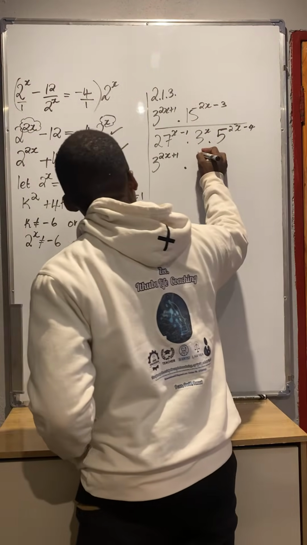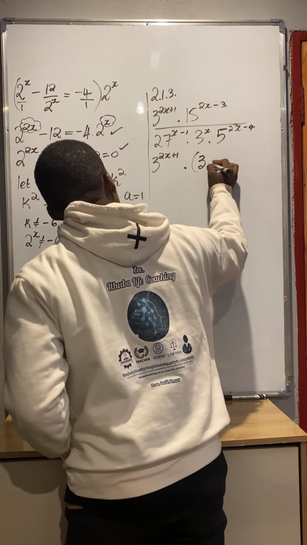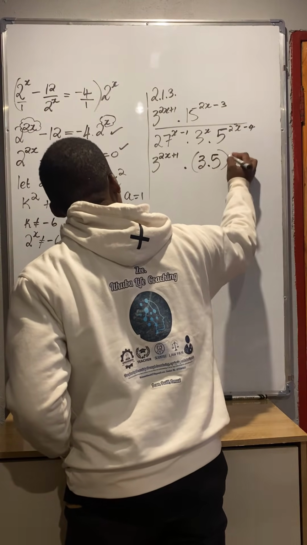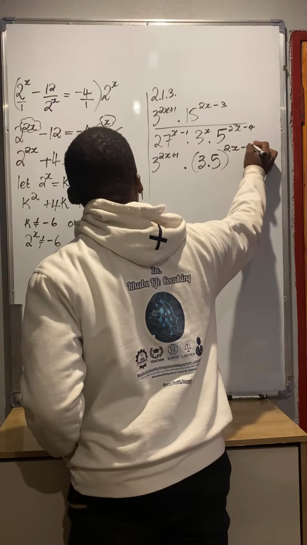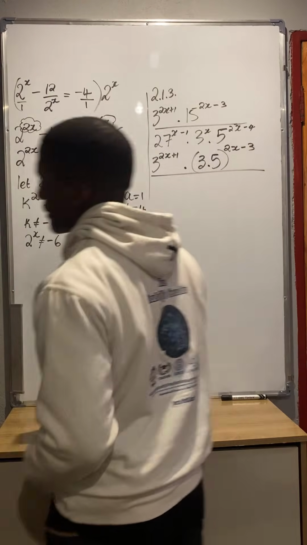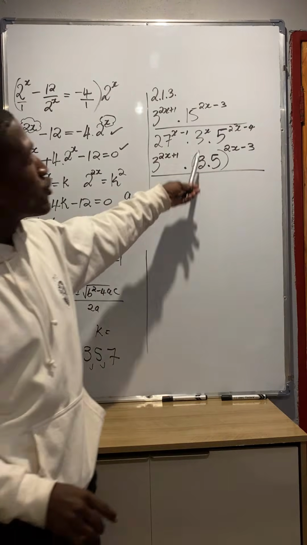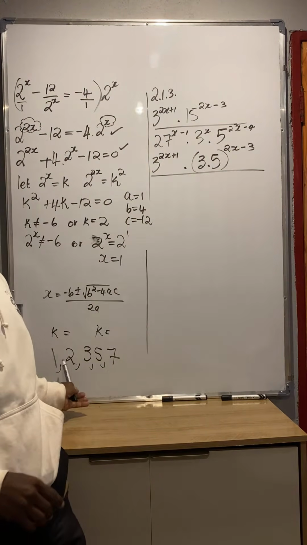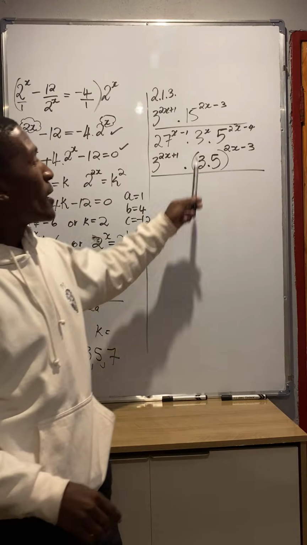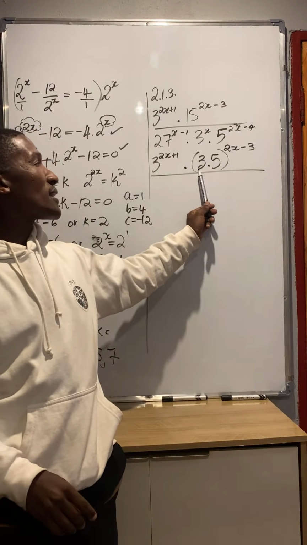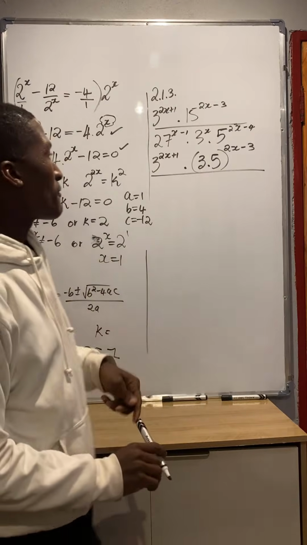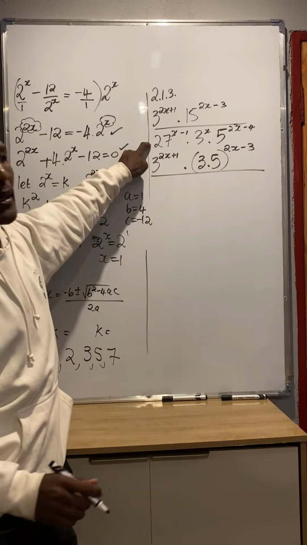So 15 is going to be 3 multiplied by 5, raised to the power of 2x minus 3. Then we have 27.